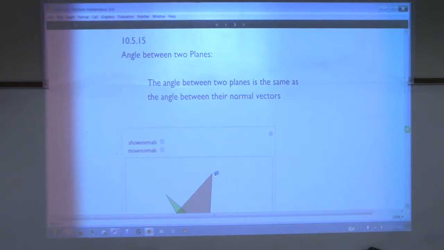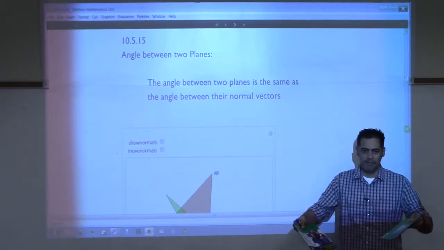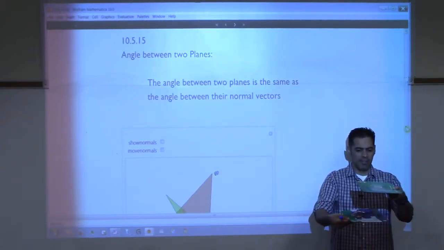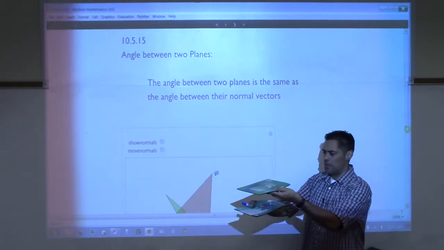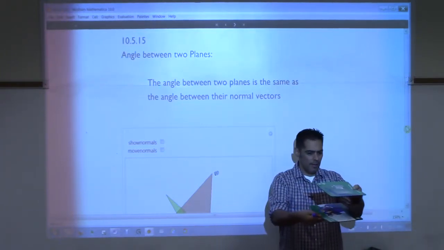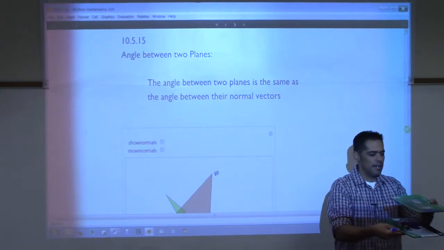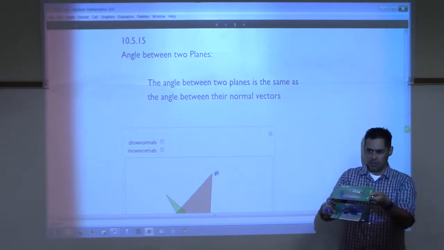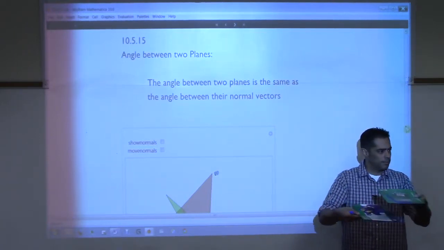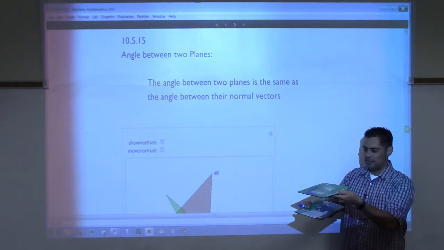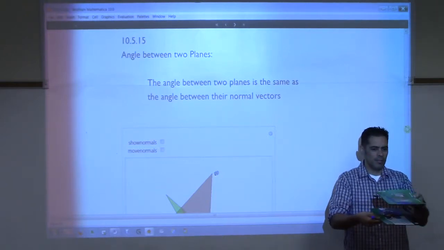I just happen to have 2 planes right here. Let's start with this case. Let's say these planes are parallel, which means they do not intersect each other. What would the angle between the planes be? 0, or 180, or non-existent? What makes sense to you?